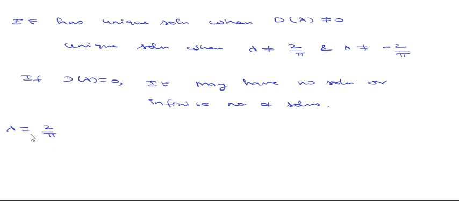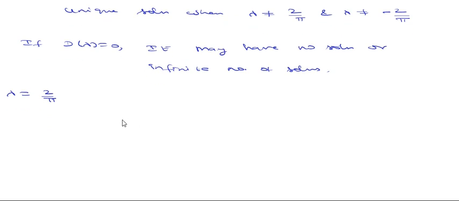So when lambda is equal to 2 by pi, we have to find the equation. The equation we can find by calculating f1 and f2.